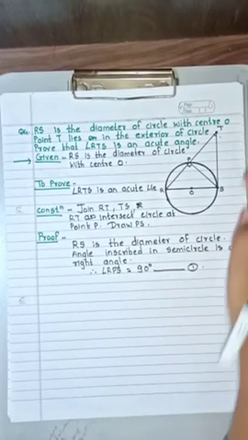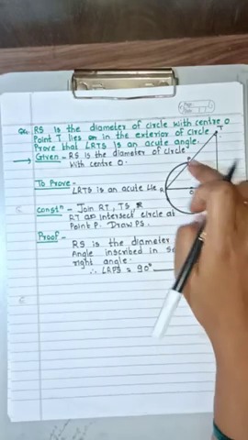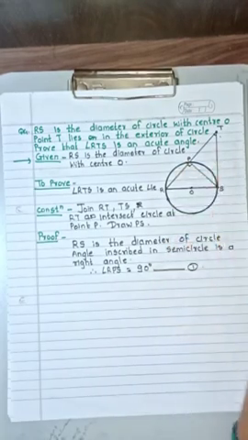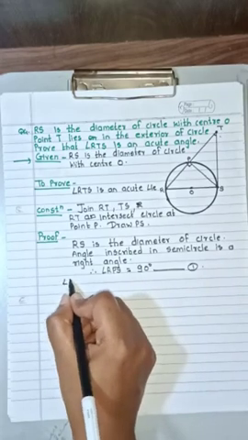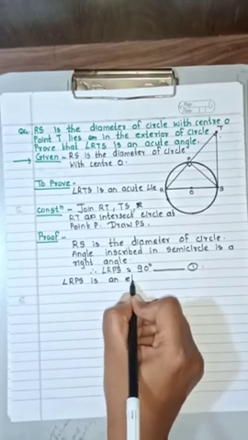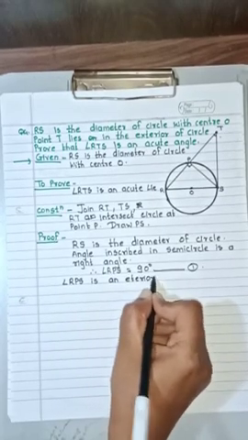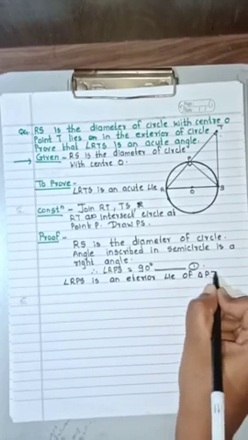Okay, now if you see this triangle PTS, then this angle RPS is an exterior angle of triangle PTS. So I'll write down here, angle RPS is an exterior angle of triangle PTS.